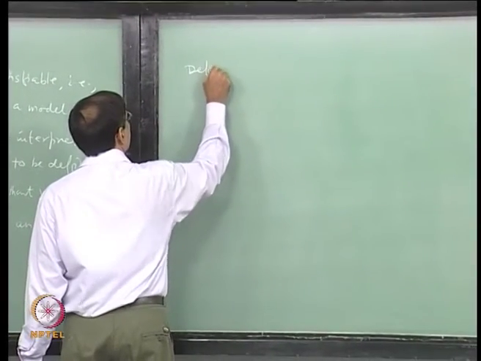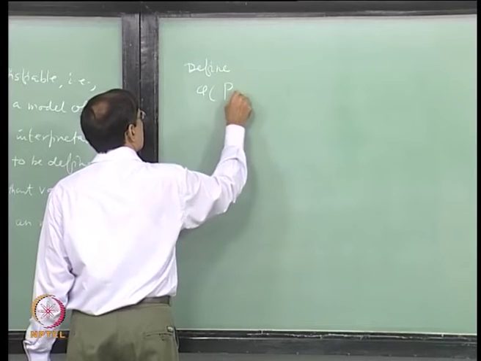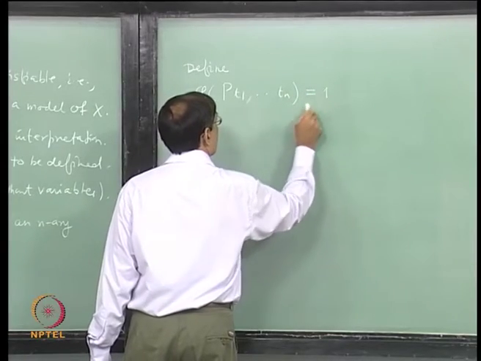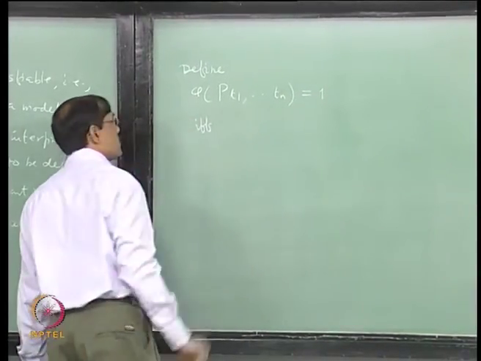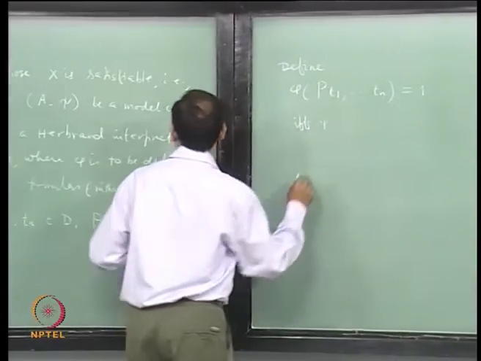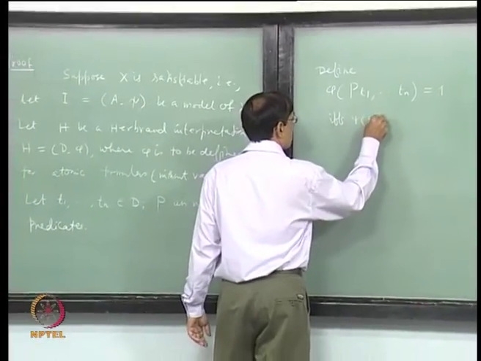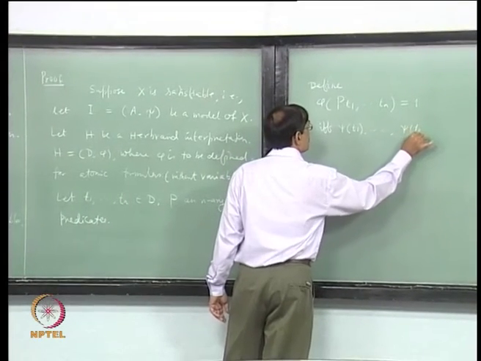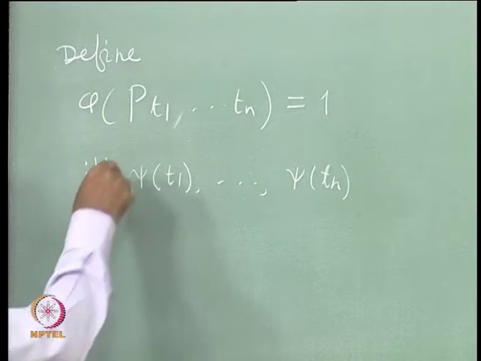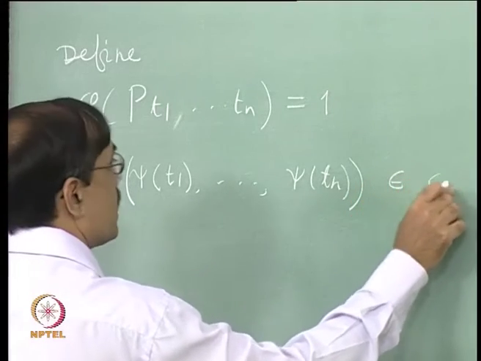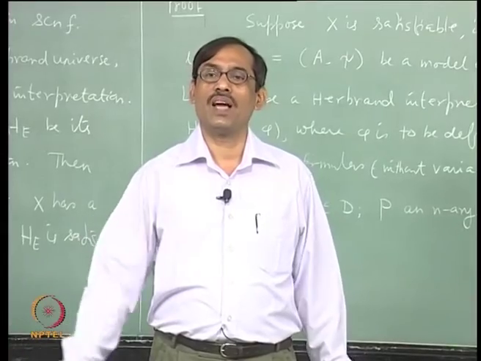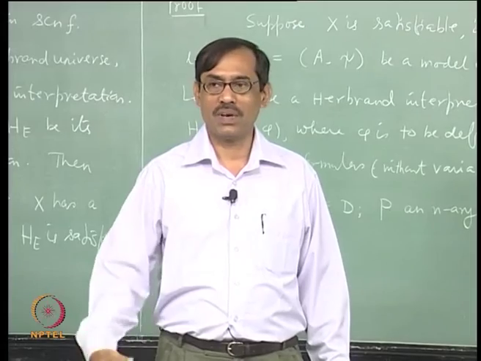So, define phi of P T1 to Tn, let us forget the commas, equal to 1 if and only if what happens, psi of, we want to connect with our original model, psi of T1 is defined, psi of Tn is also defined, because all those function symbols are occurring in the formula X. So, if this belongs to psi of P. If there is a complicated formula built up from this kind of predicates, you have connectives and all the other things.